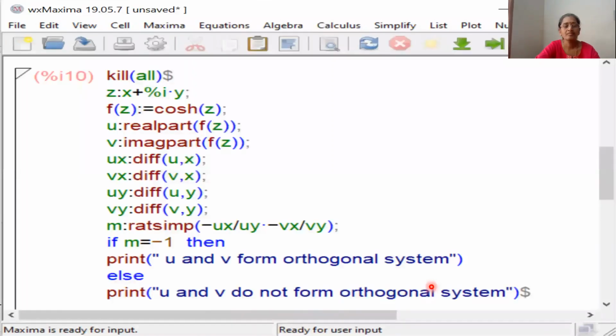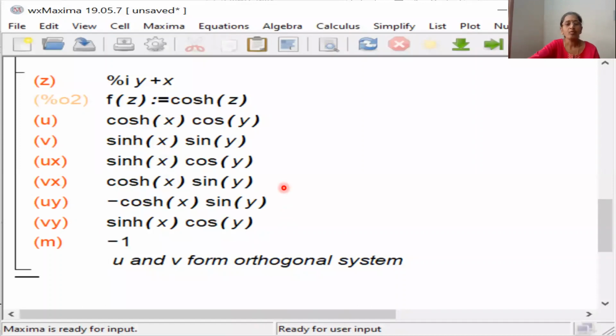Copy the command. So this is the command. So here we have entered z, the extra line, when compared to the first example. And f of z is changed to cos hyperbolic z. Now let us execute using shift enter. So this is the output.